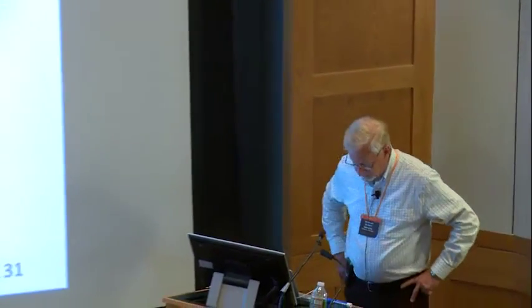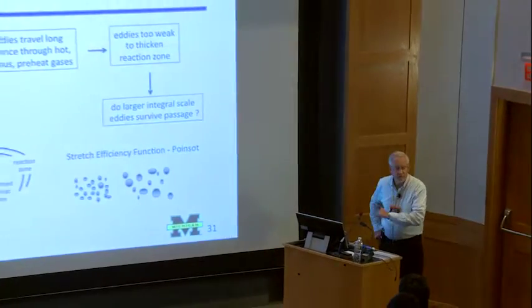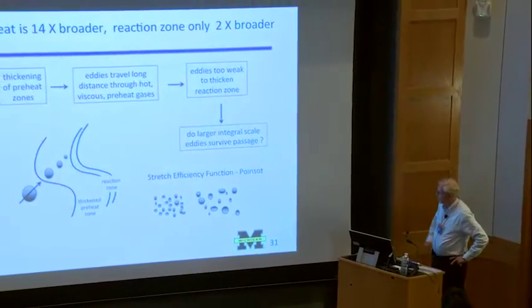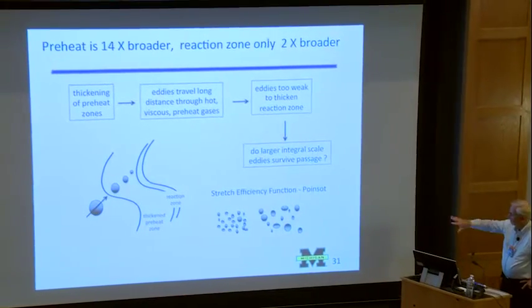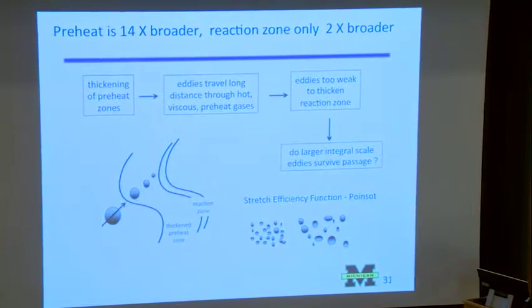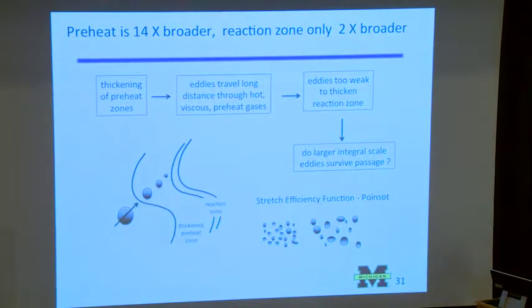I don't know. But there is some work done in France by Poinsot in Toulouse, when he worked with Sebastien Candel, who supervised this work. What's the efficiency of eddies? Do they get stronger? Do they get weaker?